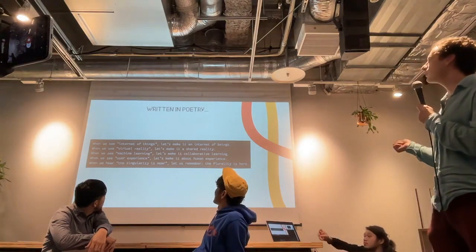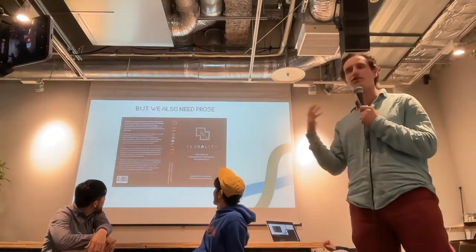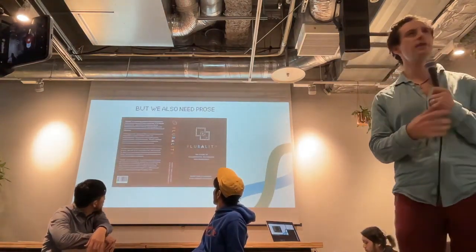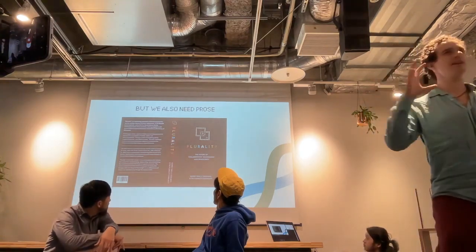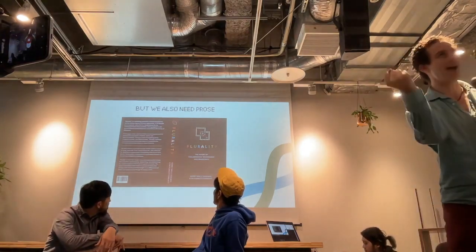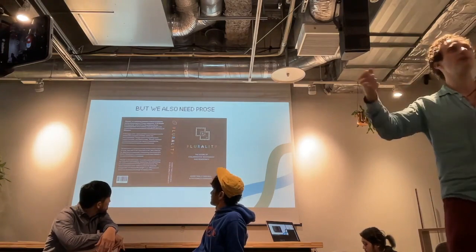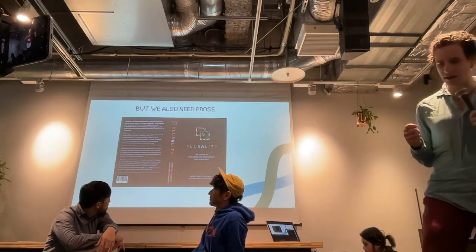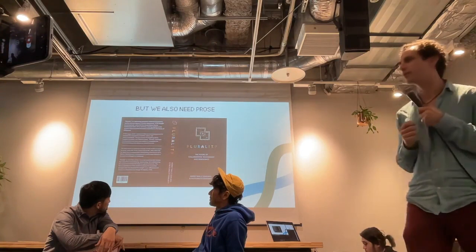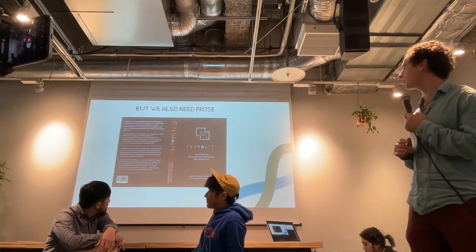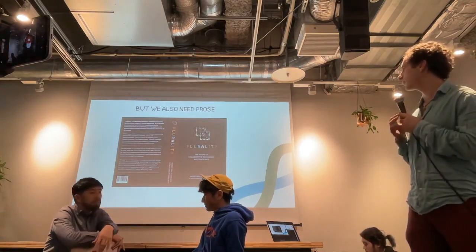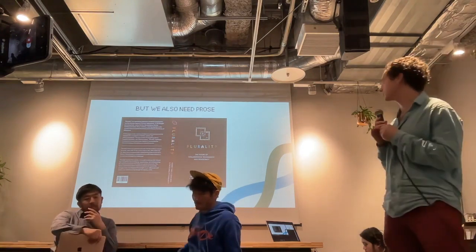Next slide. But of course, action is amazing, poetry is amazing, but people also need prose. They need things to put their hands on and grab so that they can do and build and extend. And so that's why we're writing this book together, along with hundreds of people around the world. Plurality: The Future of Collaborative Technology and Democracy.